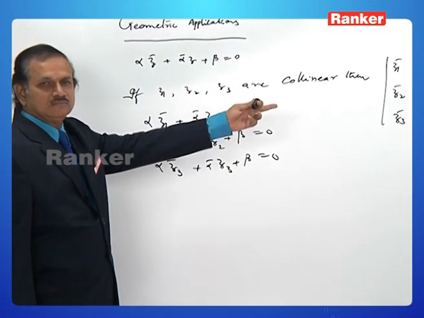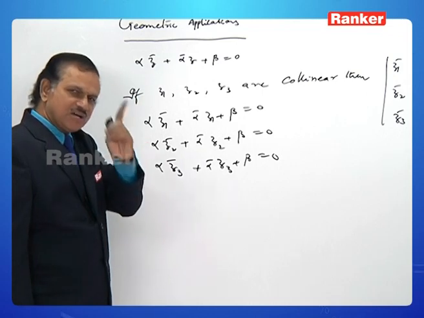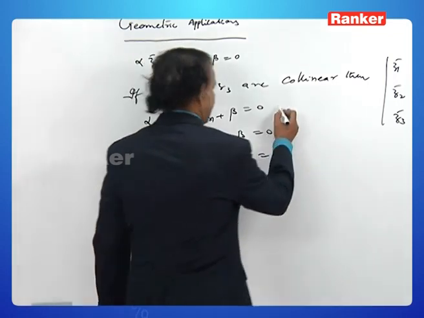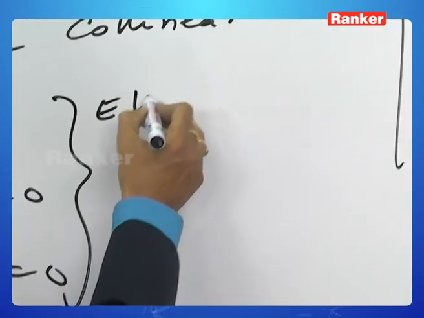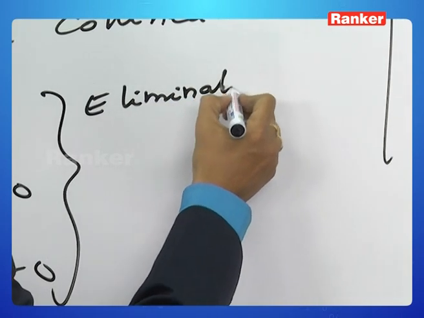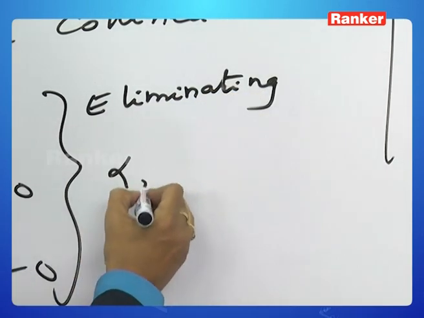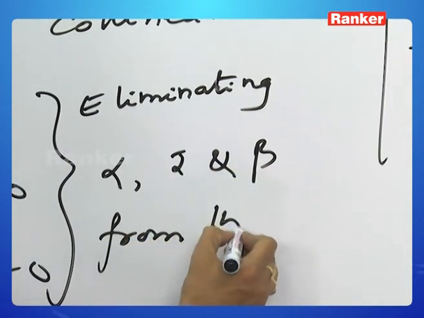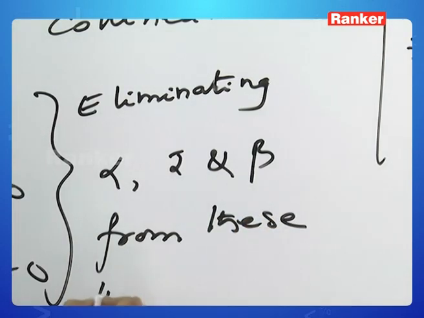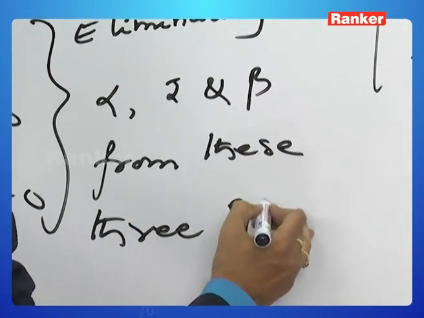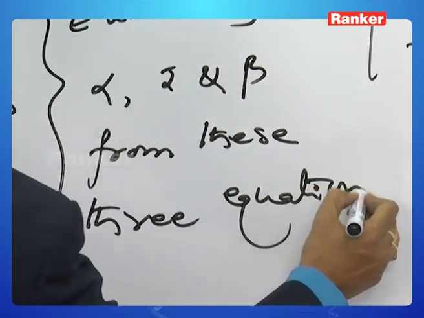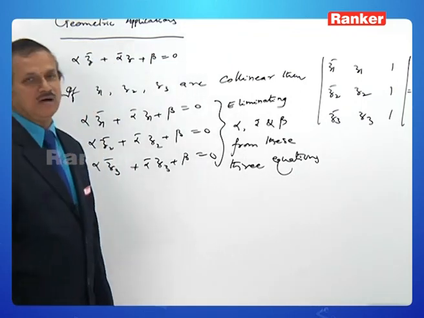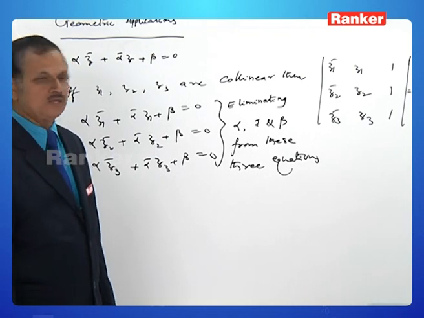Just in one step you are able to achieve the answer. Eliminating alpha, alpha bar and beta from these equations, we have the determinant Z1 bar, Z1, 1; Z2 bar, Z2, 1; Z3 bar, Z3, 1 is equal to 0.